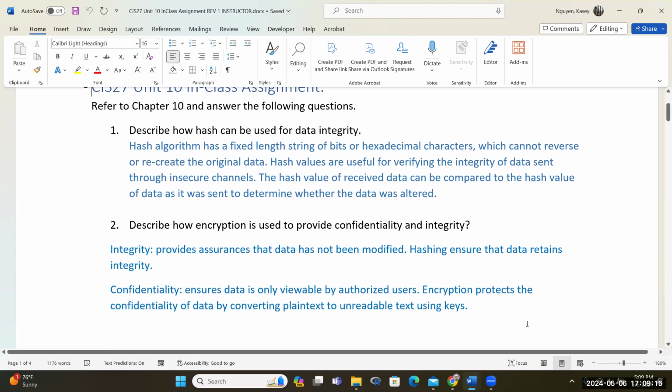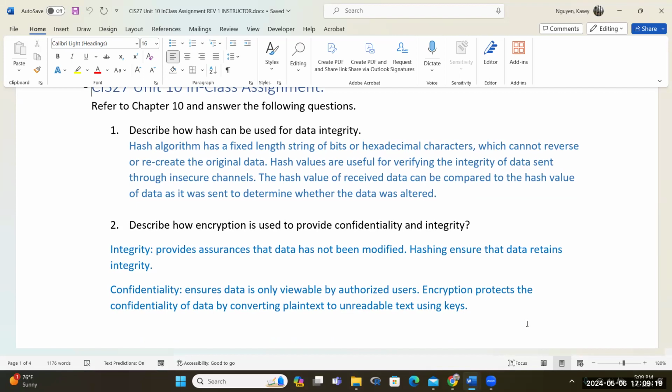In encryption, we learned that the reason why we use encryption is we want to make sure that our files stay intact, our data has integrity. That's the whole point, to protect the data. So it provides assurances that the data has not been modified, and hashing ensures that the data retains integrity.